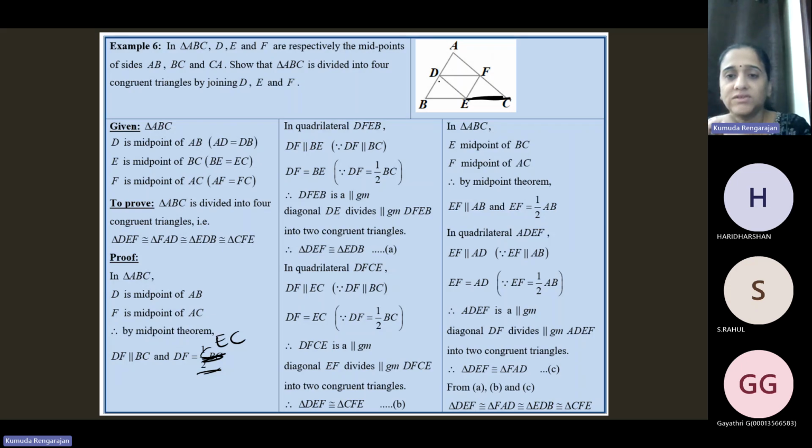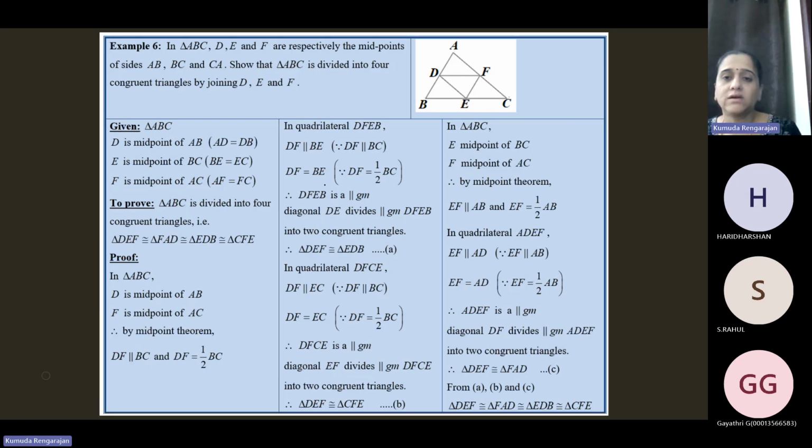So DF is equal to EC. So one pair of opposite sides is parallel and equal, so this is a parallelogram. And the diagonal divides it into two congruent triangles. Hence this triangle is congruent to this triangle.